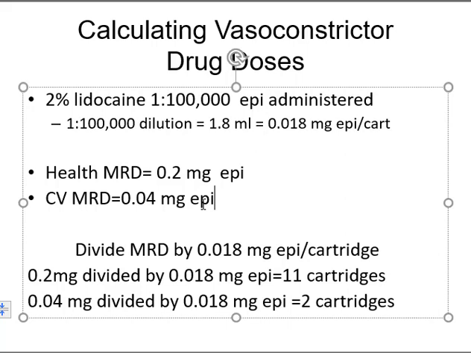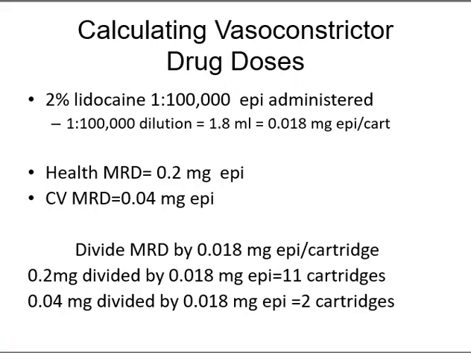So we divide the MRD, either 0.2 or 0.04 milligrams, by the 0.018 milligrams of epinephrine per cartridge. So in general, when you are delivering 1 to 100,000 epinephrine, a healthy patient can receive 11 cartridges and a cardiovascular patient can receive 2 cartridges.